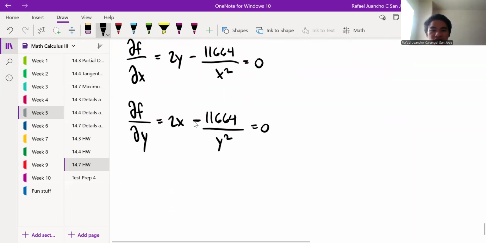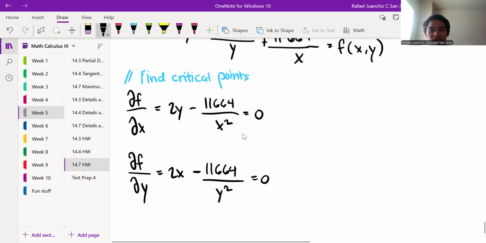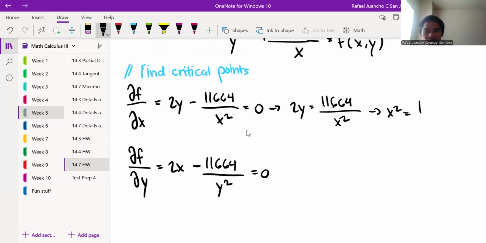And then from there, now I have a system actually, because I have x and y on both sides. And so now I want to find x and y. So I can say, okay, this is 2y equals this. And I can say x squared is equal to this.